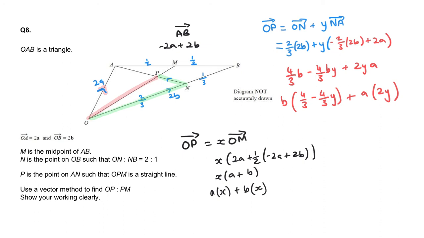Then, using simultaneous equations, we're going to equate coefficients. So the a is here, so x equals 2y. Okay, so we could say that y equals x over 2, either or. And then we have 4 over 3 minus 4 over 3y equals x.